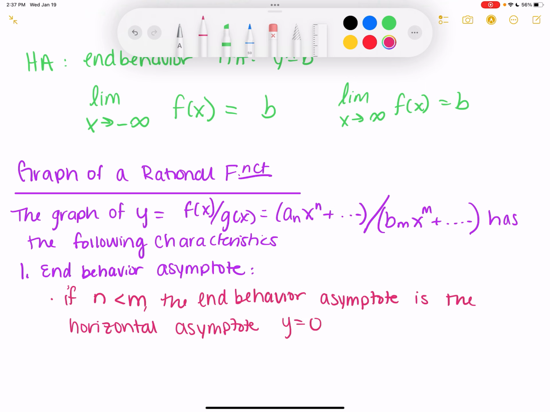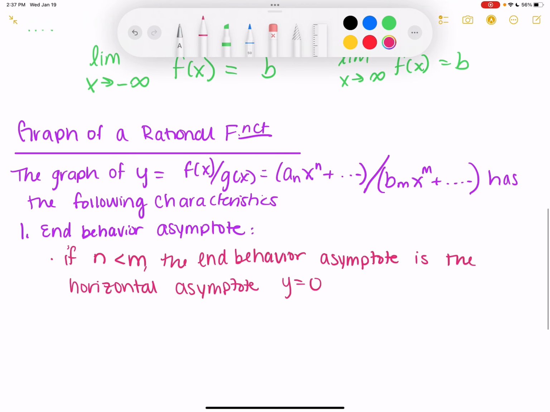So it was bigger on the bottom, meaning y equals 0. These are basically a fancier way of saying what you should know from your clown poem.